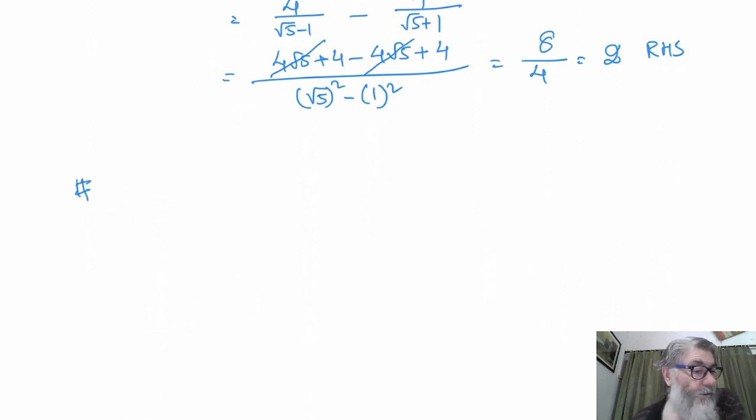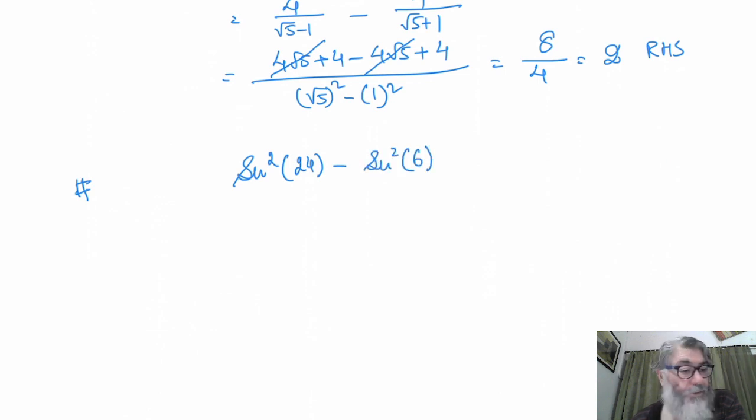It is sine square 24 minus sine square 6 is equal to (root 5 minus 1)/8. We have to prove sine square 24 minus sine square 6 is equal to (root 5 minus 1)/8.